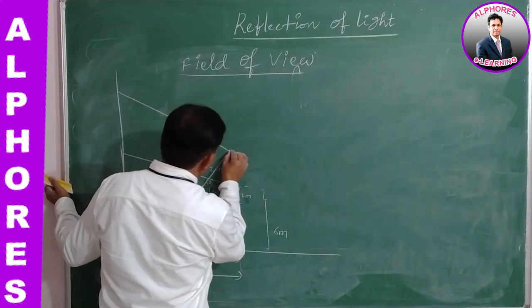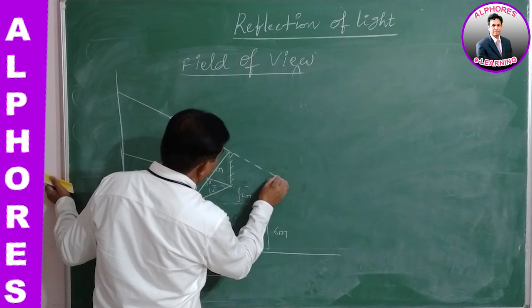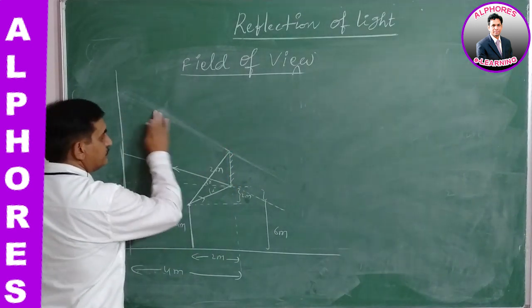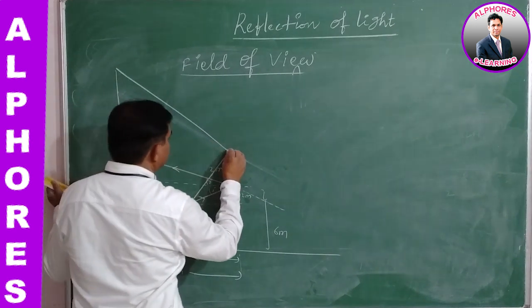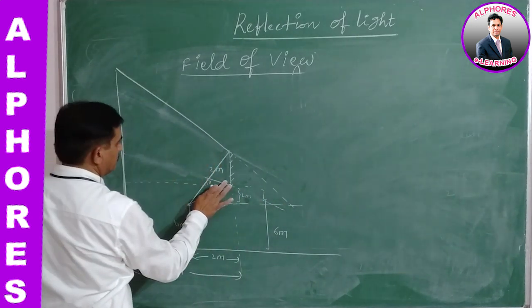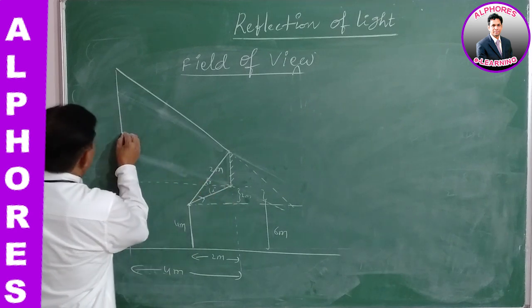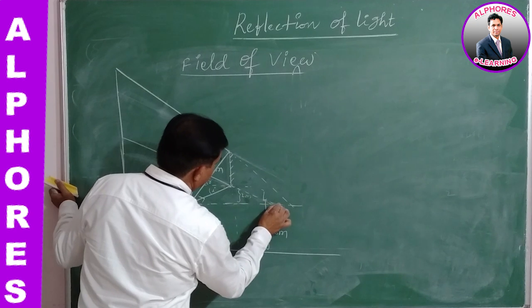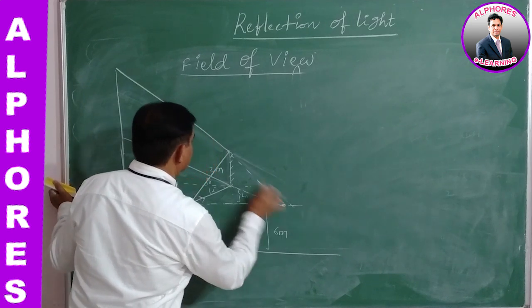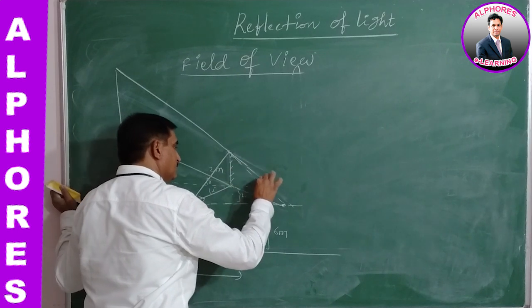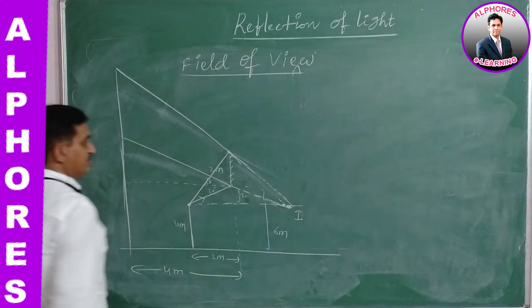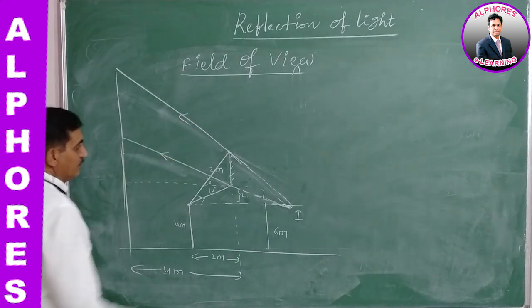These two light rays are extended back. These two are meeting at this level. This is the image.